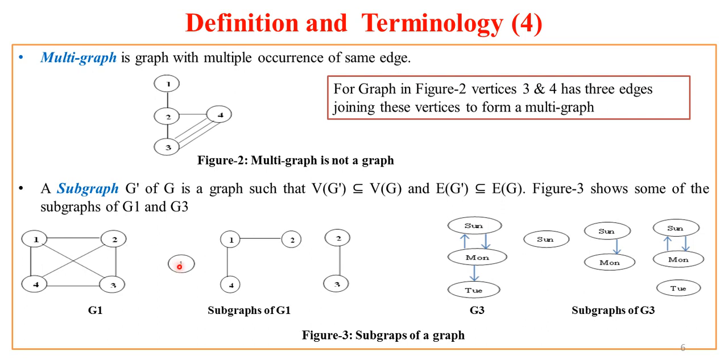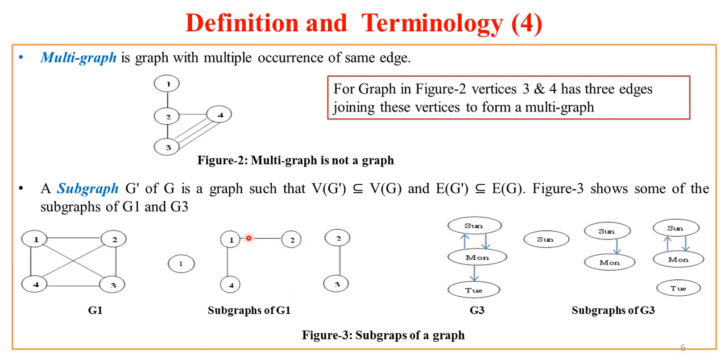This is the first subgraph, this is the second subgraph comprising only 3 nodes 1, 2 and 4, and this is one more form of subgraph which comprises nodes 2 and 3. So of this G1 we have created these 3 subgraphs.